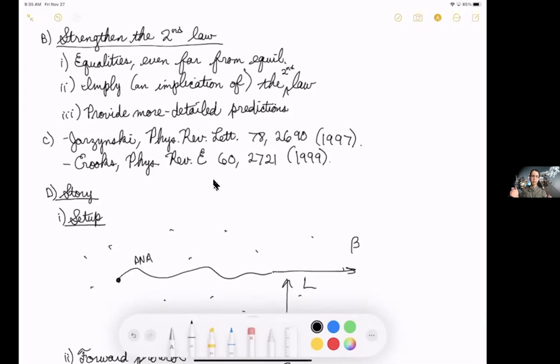And in the reverse process, we do the opposite. If you want to define a different protocol, which it sounds like is what you're suggesting, then you can analyze that particular protocol and see whether you can come up with some other equality that involves the free energy difference.